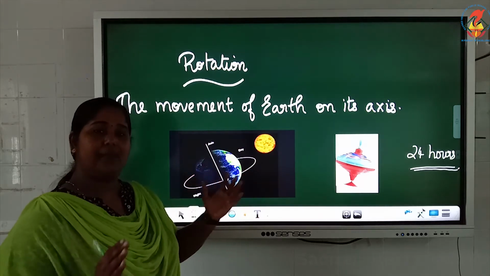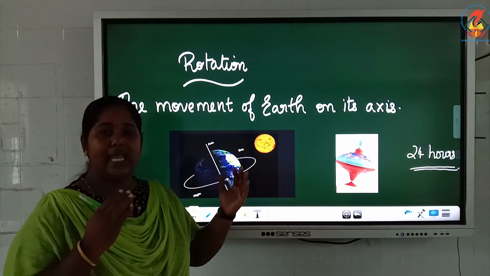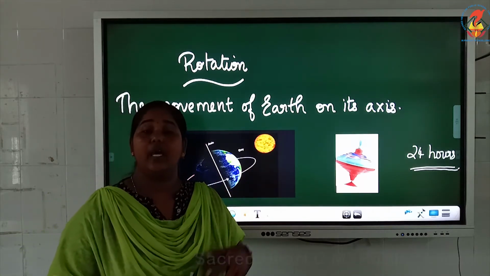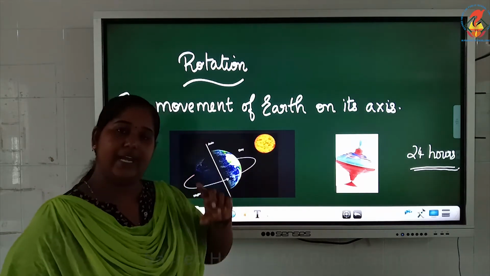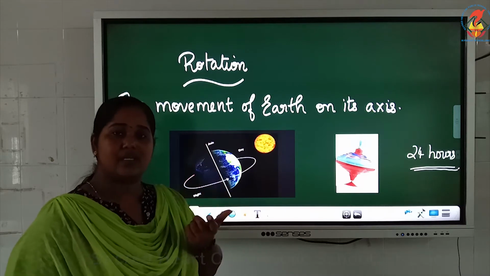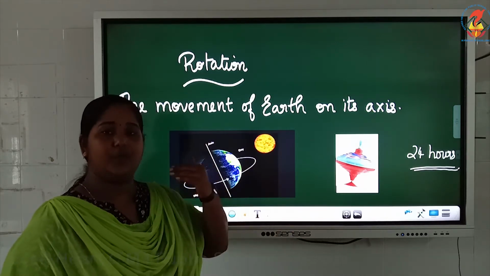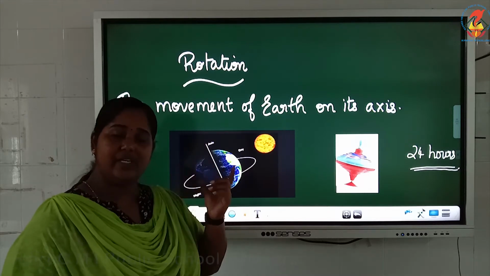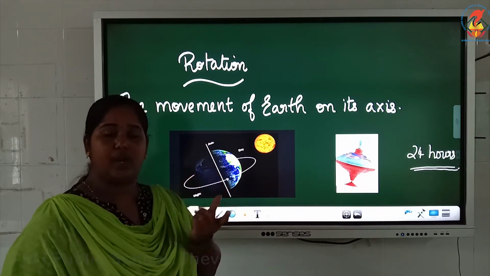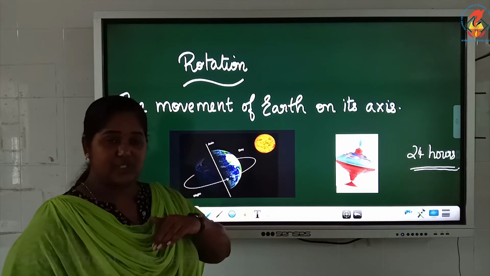So daytime and night time. Day and night are caused by rotation of earth. When earth rotates or spins, the part facing the sun will have daytime and the other part will have night time. Then again when it tries to complete one rotation, it changes.